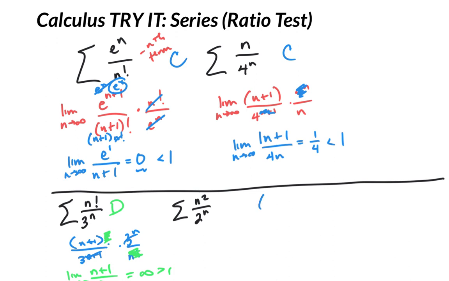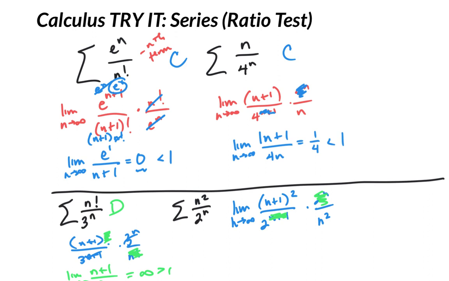This next one, we're going to have n plus 1 squared over 2 to the n plus 1, multiplied by the reciprocal. We're going to take the limit as n goes to infinity of this ratio. Well, I've got one additional 2 on the denominator.